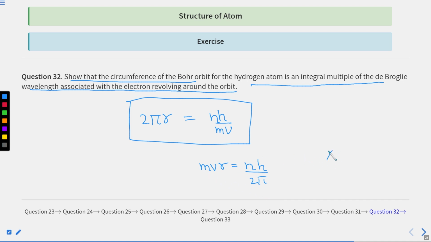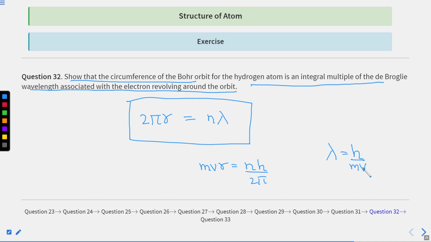So to prove this thing, 2 pi r is equal to n multiple of the de Broglie wavelength lambda. From the de Broglie wavelength we know that lambda is equal to h by mv. Clear?